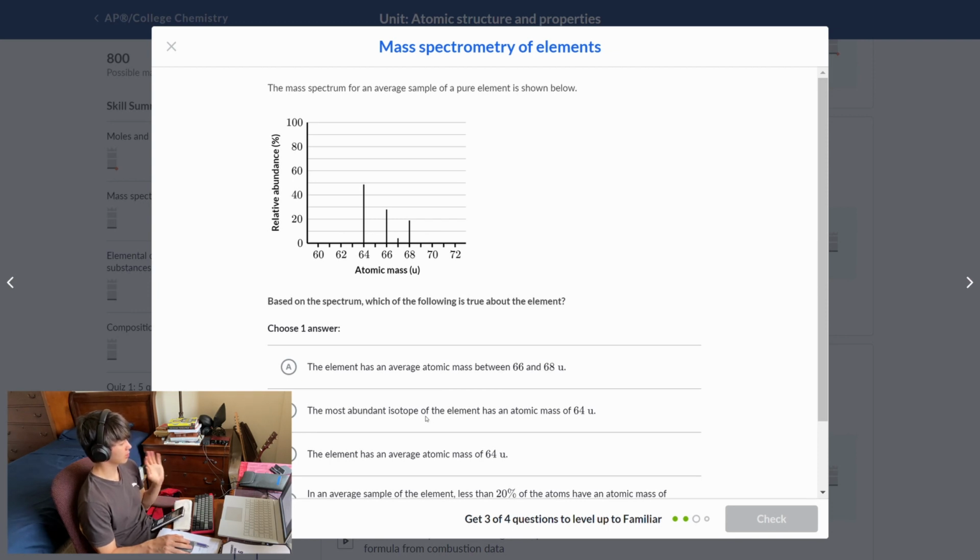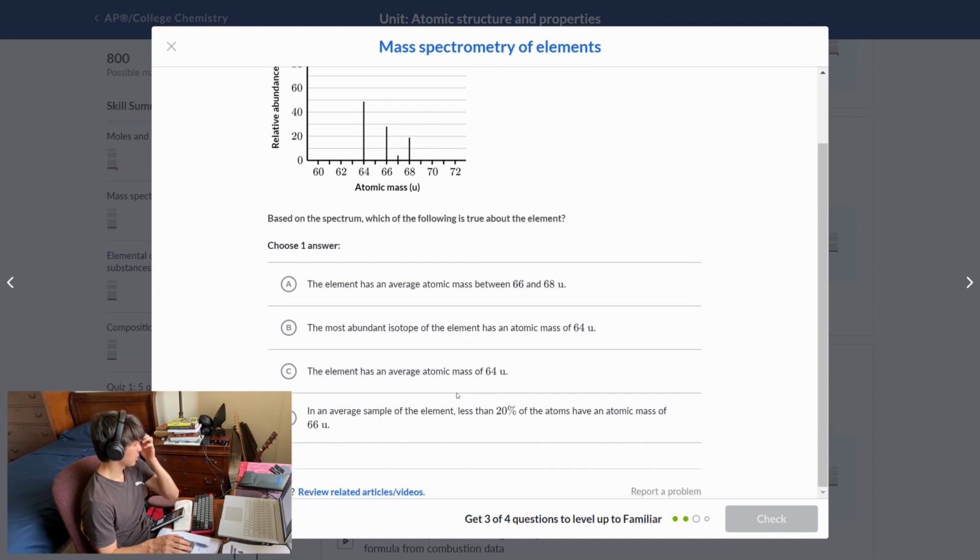Less than 20% of an average sample has an atomic mass of 66.